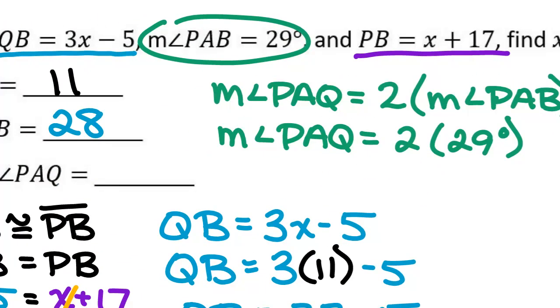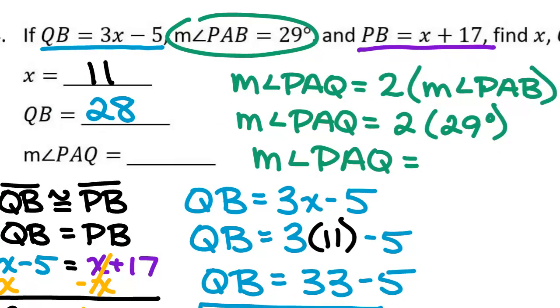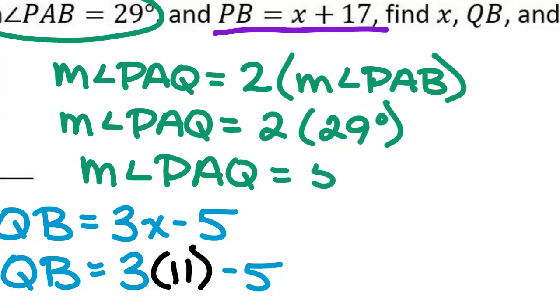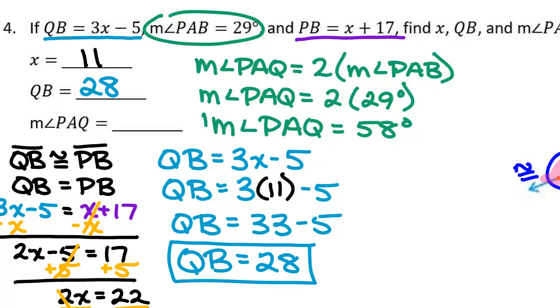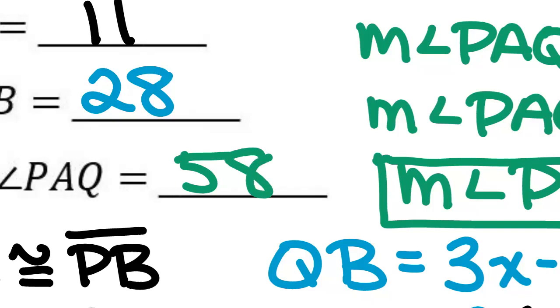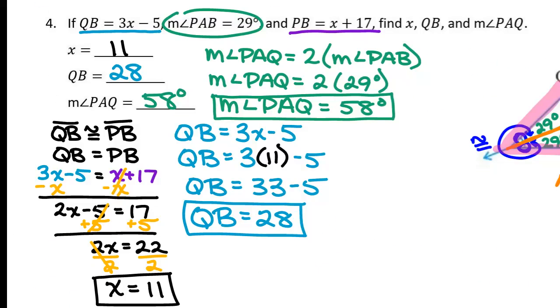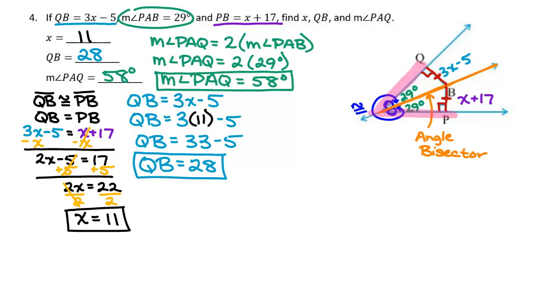What is 2 times 29? 58. So angle PAQ is 58 degrees. Very nicely done. All right. So that's angle bisectors in a nutshell.